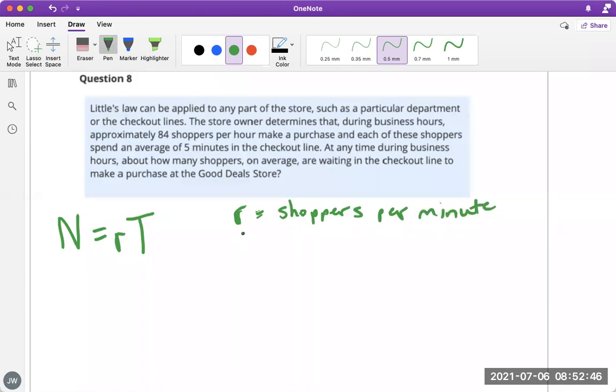And then we have T. And T is the average number of minutes each shopper spends in the checkout line. I'm going to abbreviate average. I'm going to abbreviate minutes.